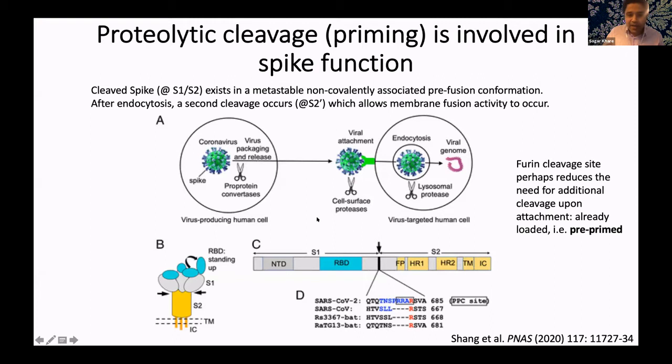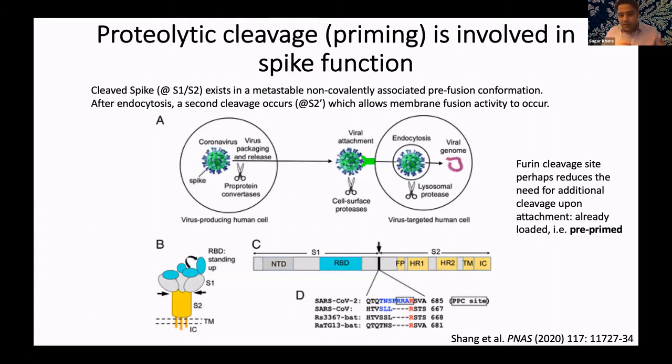So as the virus is being released from the cell in which it is dividing, it is cut here. That means that the S1 and S2 domains are no longer just connected by a single chain, but are just sticking together.